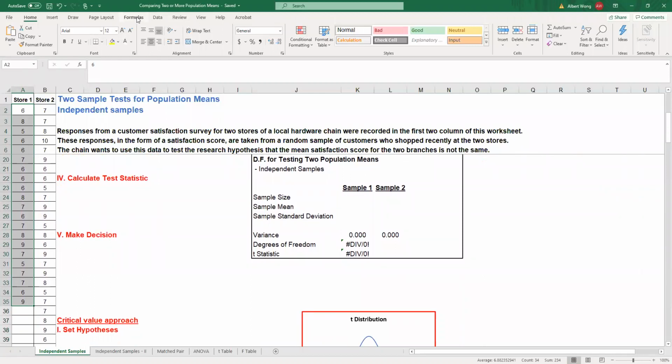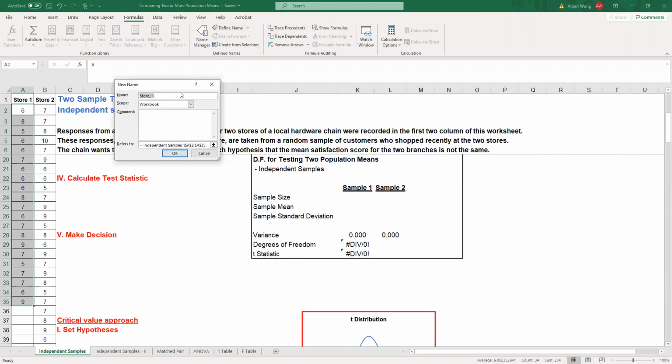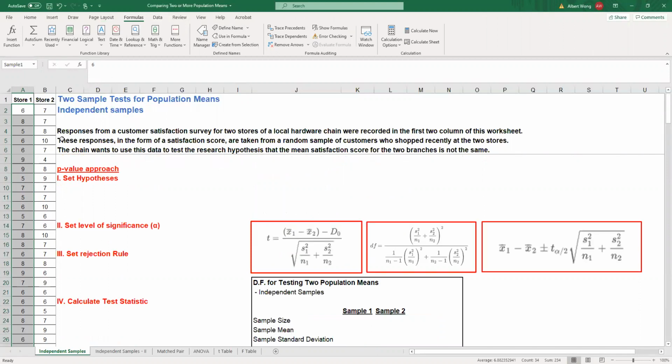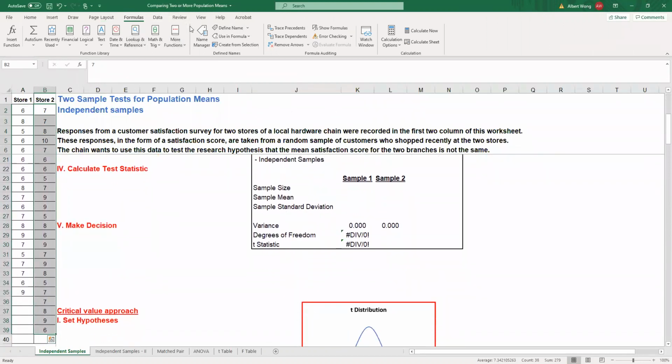So we would define the first sample as sample 1, and then we would define the data for the second sample as sample 2.